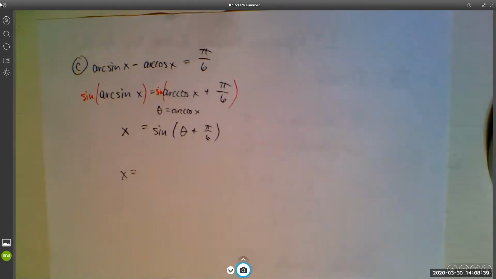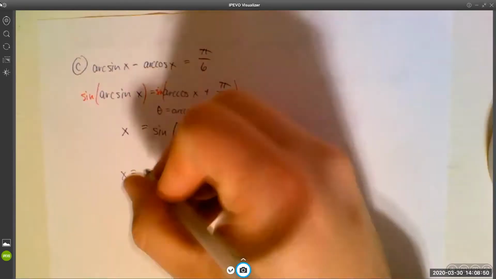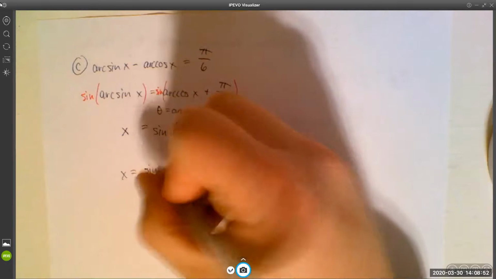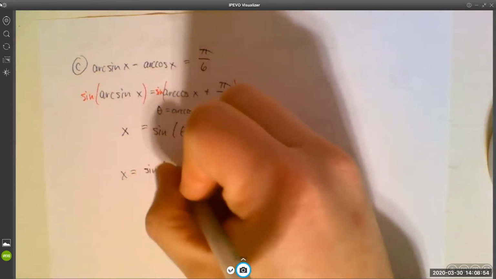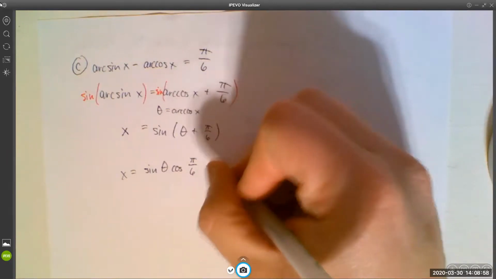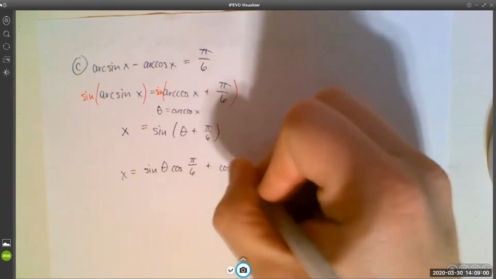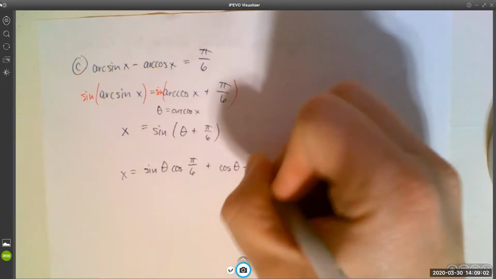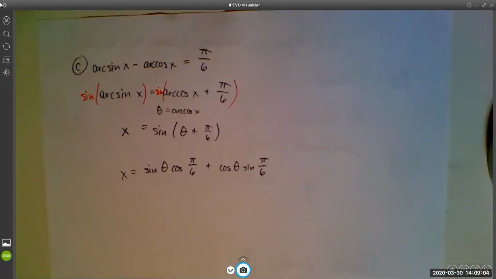No. Let me try again. Sine u cosine v plus sine v cosine u. Yeah. Anyway, so I'm going to say this is sine u cosine v plus cosine u sine v. All right, there's the sum formula for sine.